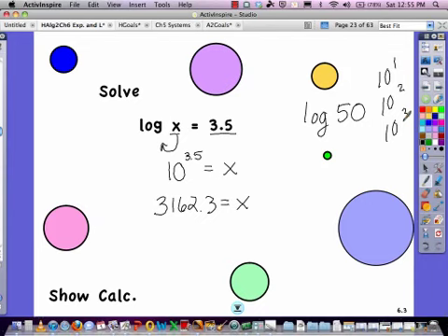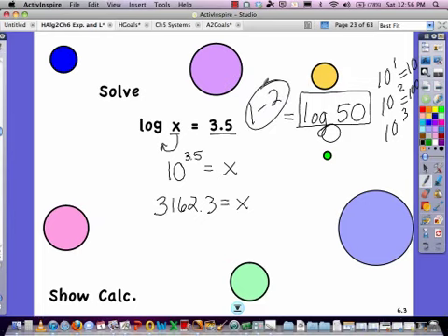Because we know this is power of 10 because we don't have our subscript there, which represents our base. So we know we're in base 10. But we know 10 to the first is 10. We know 10 to the second is 100. So we know right now that the answer to the log of 50 has to be a number between 1 and 2 in terms of our powers. The exponent has to be a number between 1 and 2.